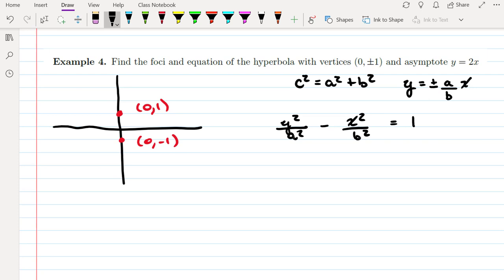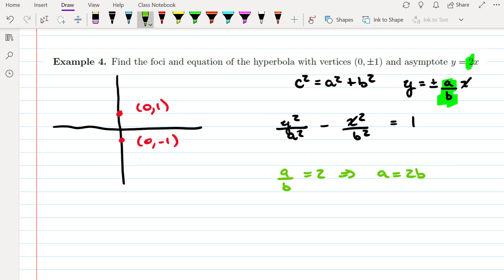So we're trying to figure out a over b. According to this, a over b has to be the same as 2. So a divided by b is equal to 2, which implies that a is twice the b value, by multiplying both sides of that equation by b.